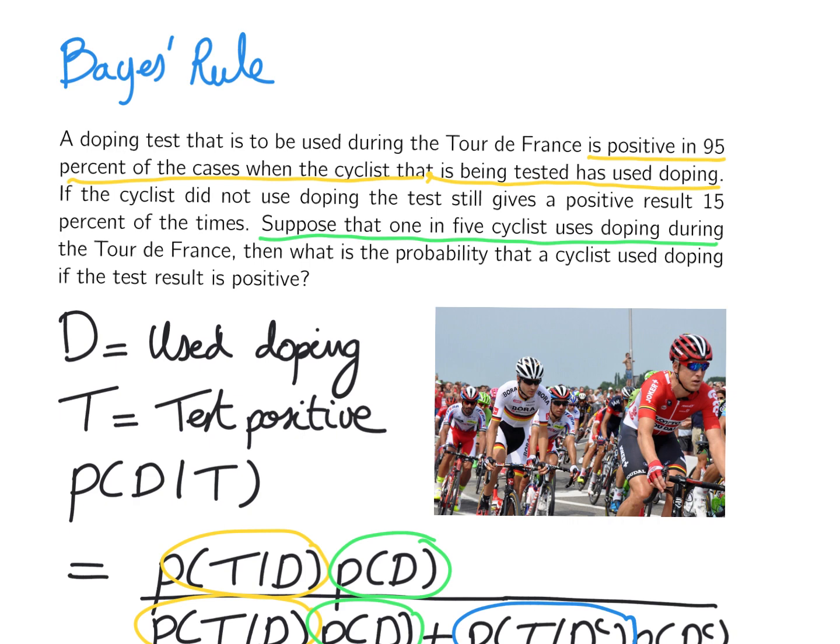We go back to the original text, and there we see that if the cyclist did not use doping, then the test still gives a positive result in 15% of the cases. So that means that the probability that the test is positive if a cyclist did not use doping is 15% or 0.15.